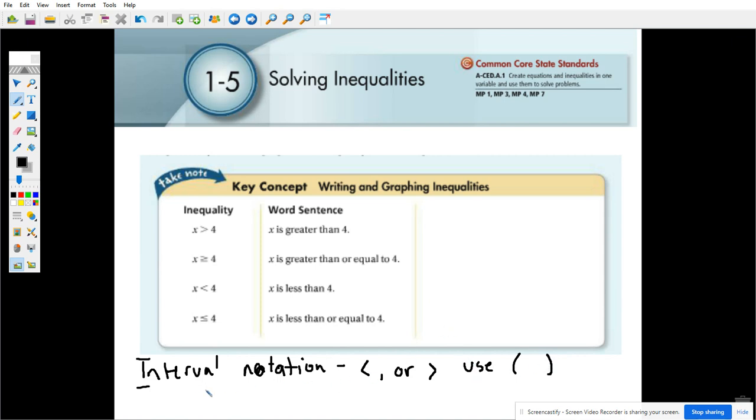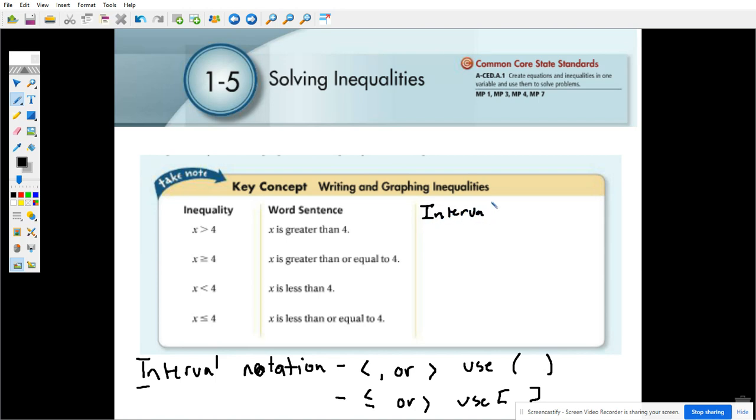So we use parentheses. If it's a less than or equal to or a greater than or equal to, we're going to use a bracket. So I'll show this up here for interval notation.